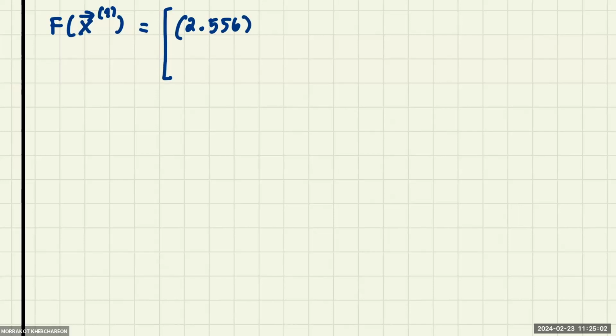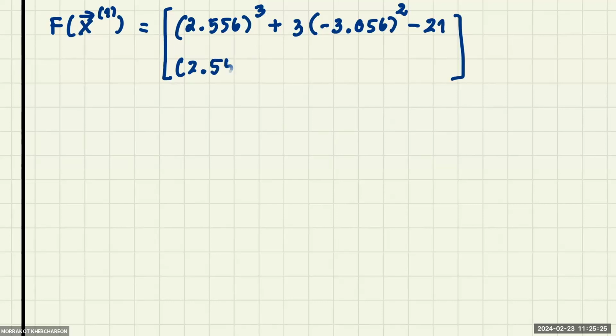The equation is x1 to the third plus 3 times x times y, and x1 squared times y.